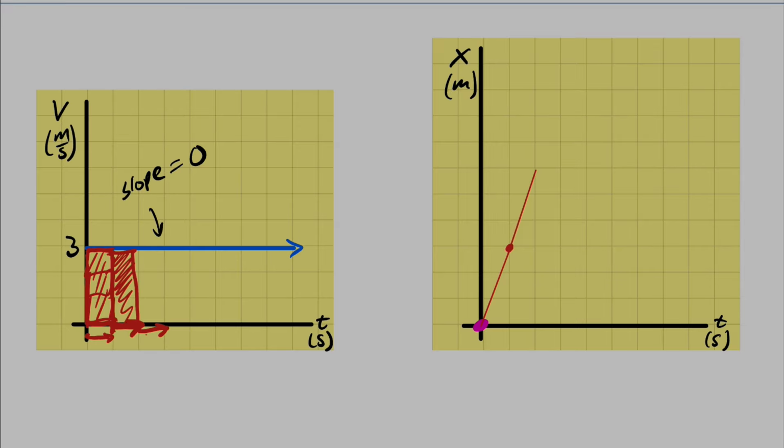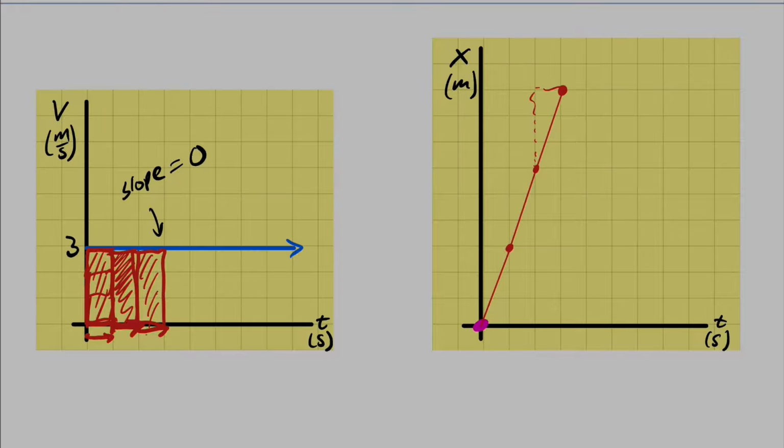When the time changes from 2 seconds to 3 seconds, I get another area of 3 on my velocity graph, which equates to another displacement of 3. So I go 3 more units, dotted line there, in 1 more second.